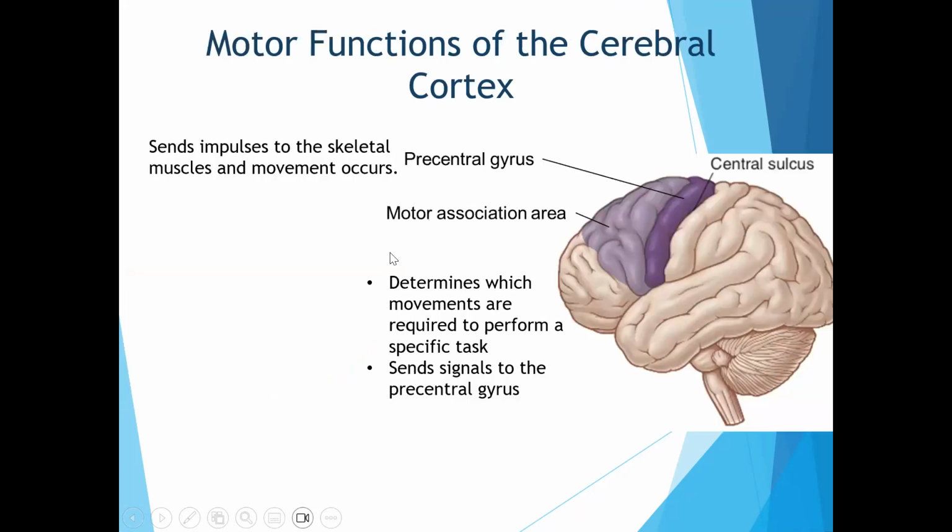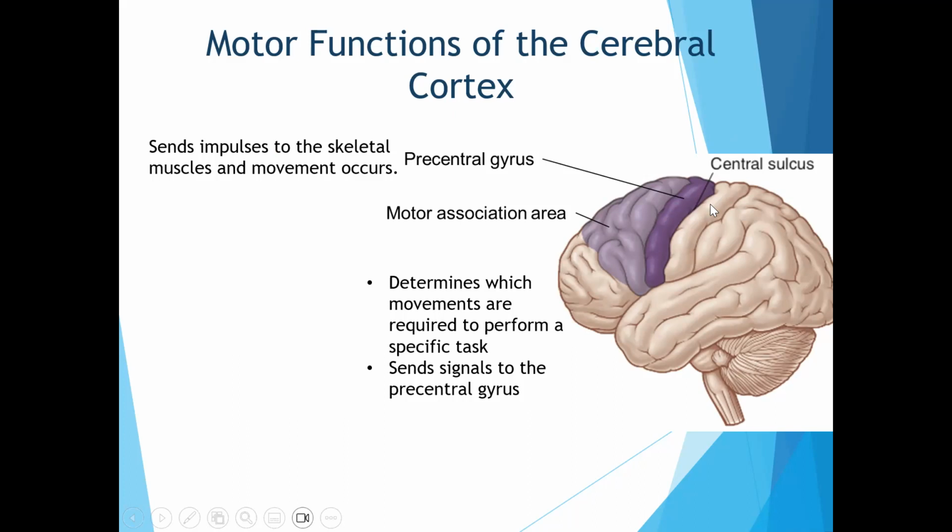Moving forward, you're looking at the motor side of things. So that's contained in the frontal lobe primarily. So you have your central sulcus, that's your primary area again. And so they primarily determine what movements we need to perform.